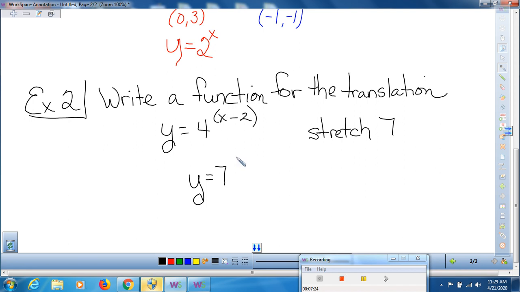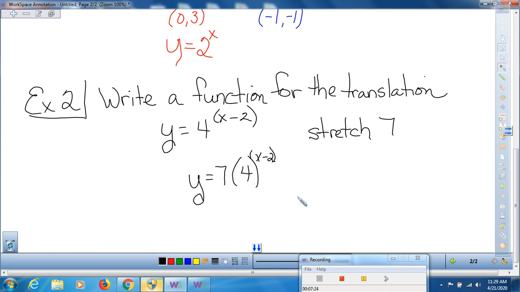Our base of 4, we're going to put inside parentheses, put a dot to represent that they're multiplied. We're going to raise this to the x minus 2. And again, you can put parentheses around your exponent as well, but it's not totally necessary. This is something we've done many times. We haven't done it with exponential functions, but we talked about it with quadratics, cubics, and absolute value functions, where we've taken one function and changed it into another.